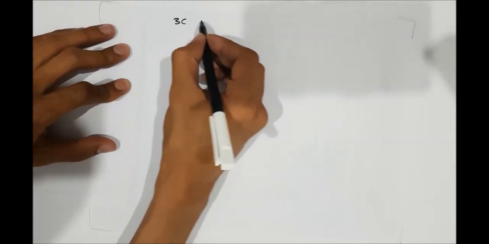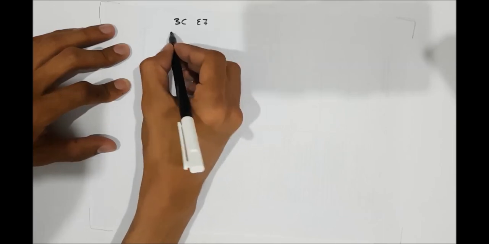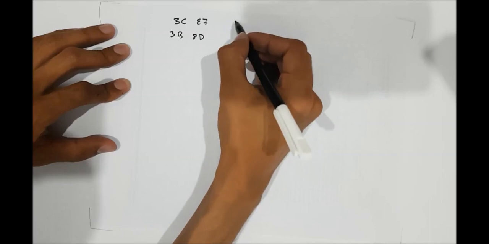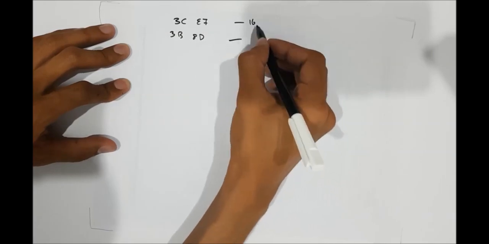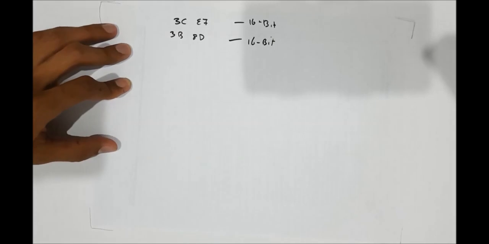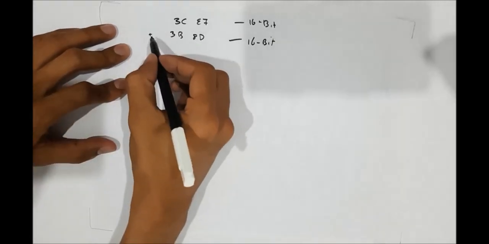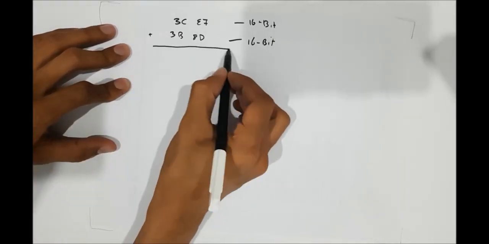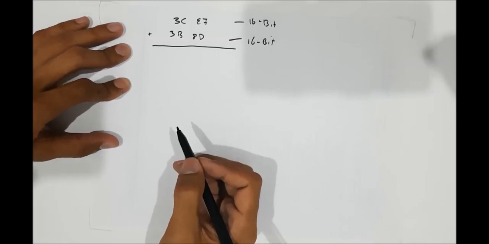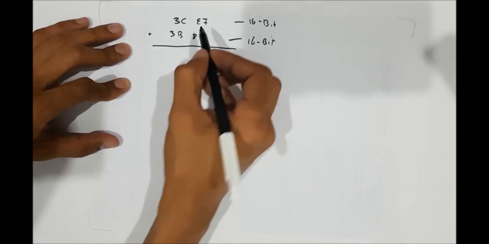For example, we have two numbers, 3CE7 and 3B8D. These are two 16-bit numbers. Let's say these have to be added in some application that we are implementing through our microcontroller. So how to add these numbers?